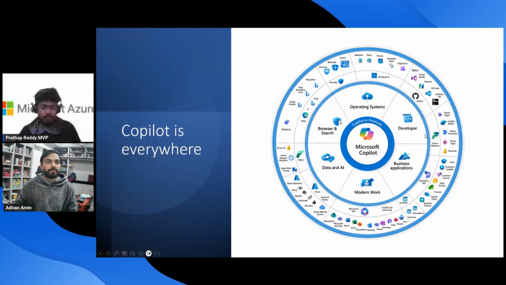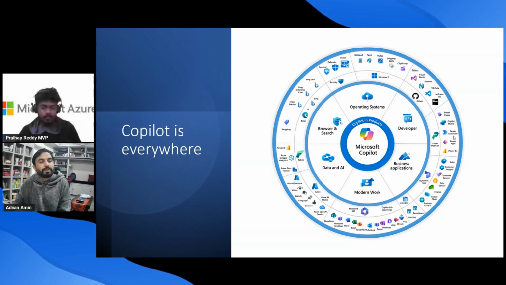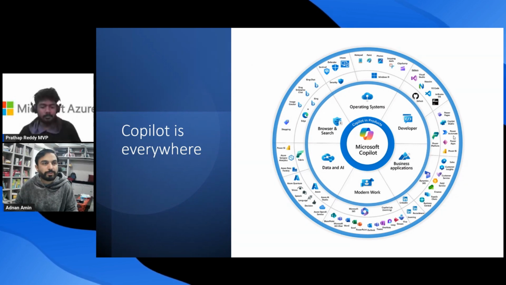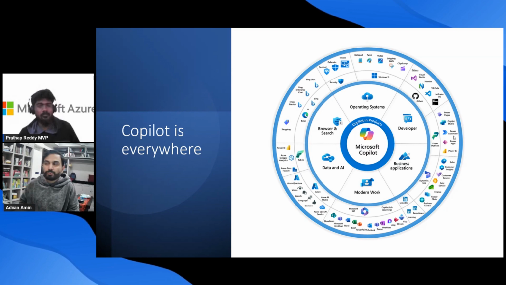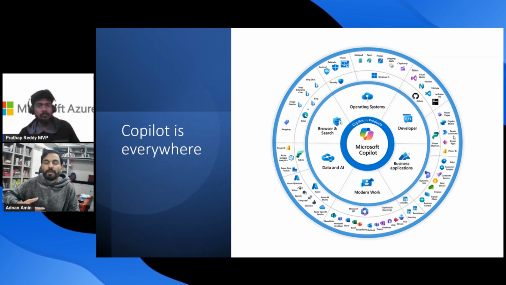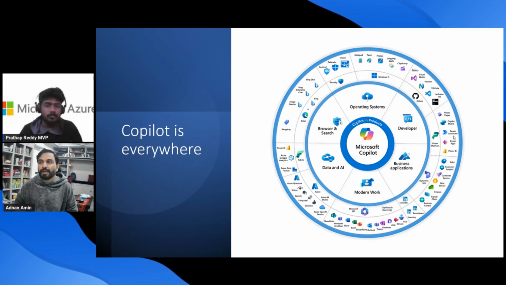And what is Copilot? You can see in this diagram, Microsoft has created Copilots for almost all the different areas, of almost all the products and services they are providing. Copilot works within Microsoft Graph and the content available to it, such as emails, chats, your documents, and users, and all the content which the user has access to.